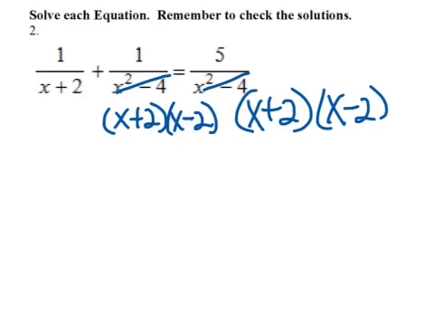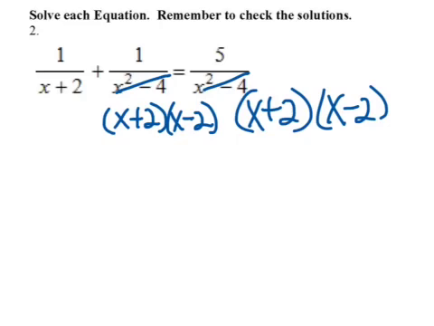Now our goal is to identify the least common denominator. Looking at this denominator, it's missing a factor of an x minus 2 that I have over here. Therefore, if I multiply the x plus 2 by the x minus 2, I will have a common denominator.